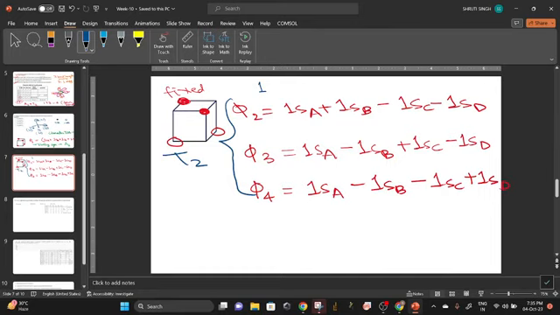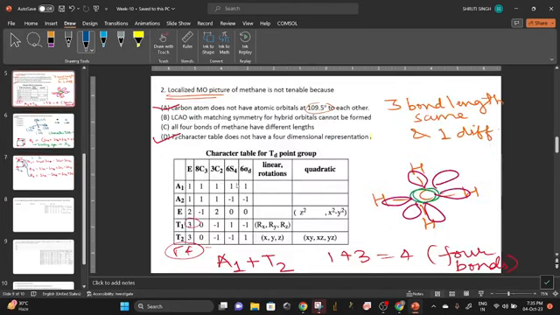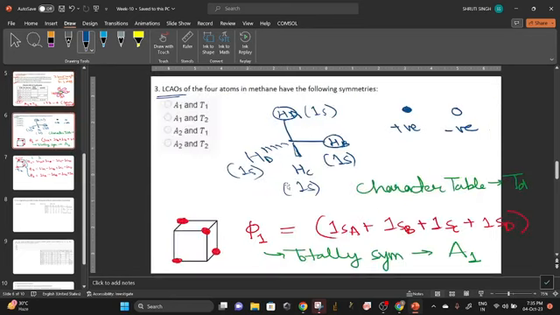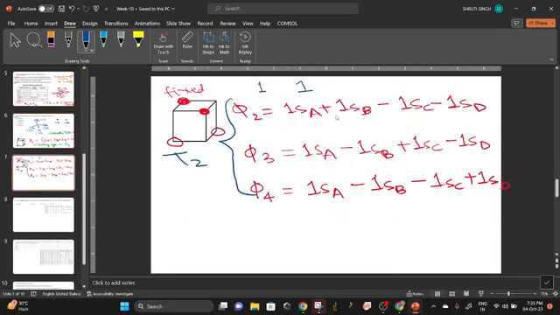So under C3 it will be 1. Under C2 it will be, here, C2. So suppose if you apply C2, it will be 2.